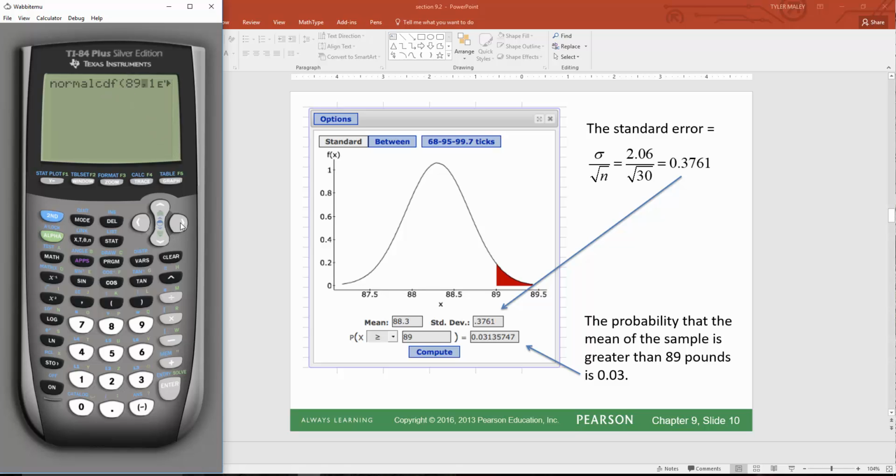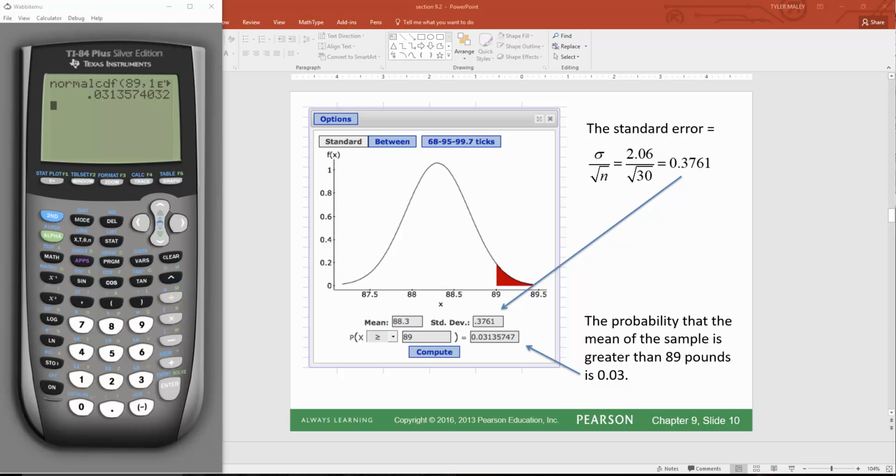Then you type in the lower limit, 89, then hit comma, type in the upper limit, comma, the mean, comma, and the standard deviation. If I hit enter, I get that area, 0.03. So that's my p-value also, if I'm doing a hypothesis test. That's how I get my p-value.